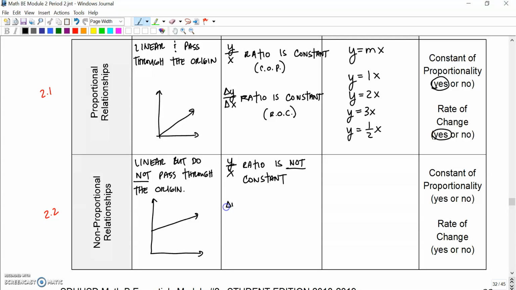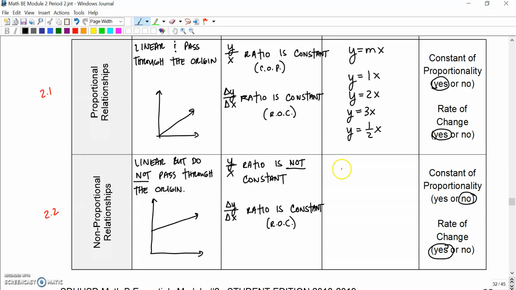And the change in y over change in x ratio is constant. And that was our ROC. So we know that for non-proportional relationships, there is not a COP, but there is a rate of change.